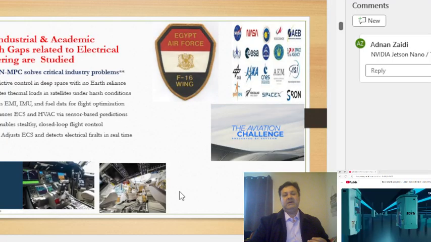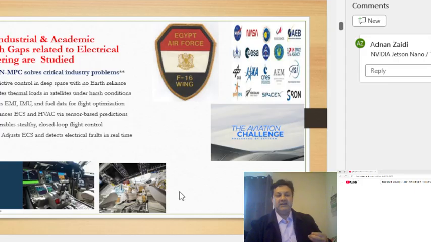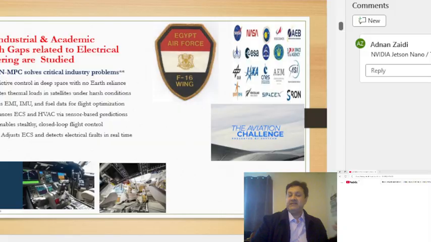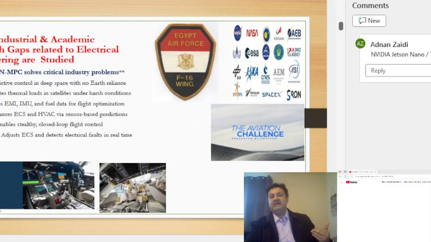For example, NASA's predictive control in deep space with no Earth reliance, because the predictive control in deep space is one of the issues that NASA is going through.